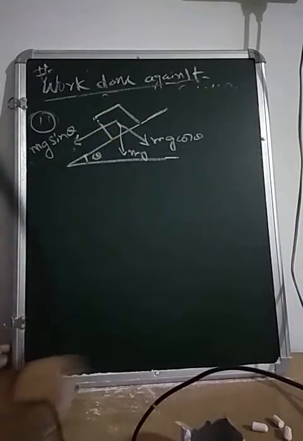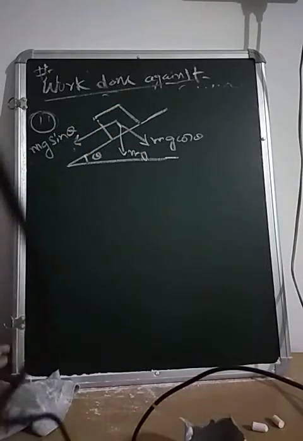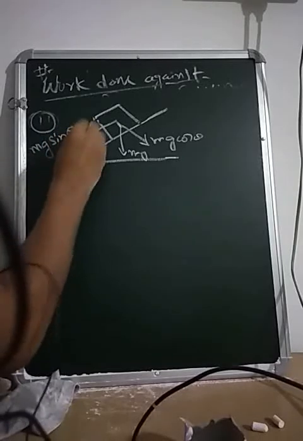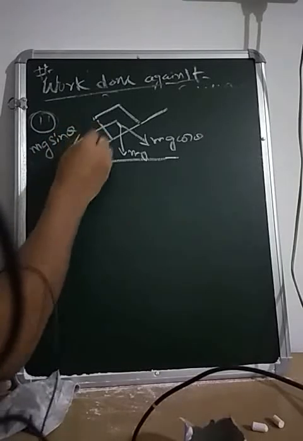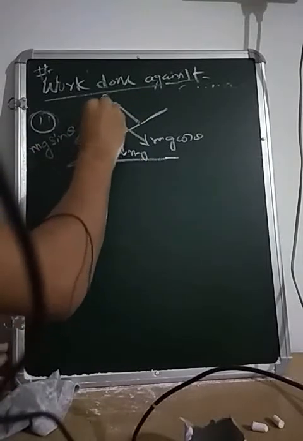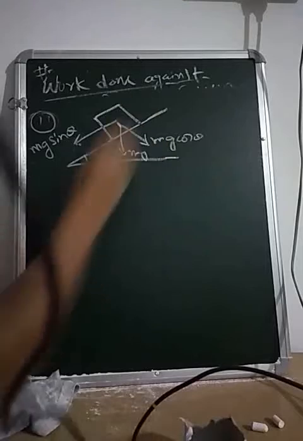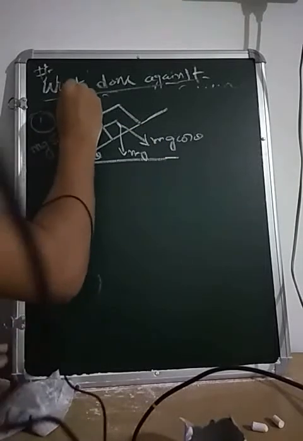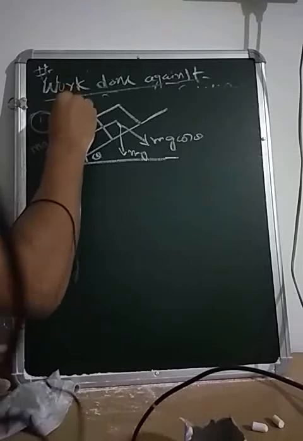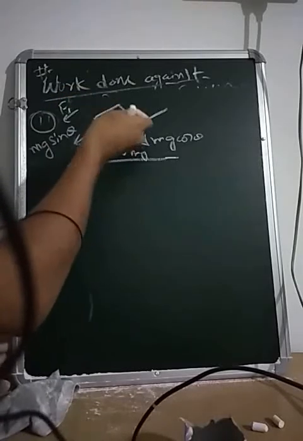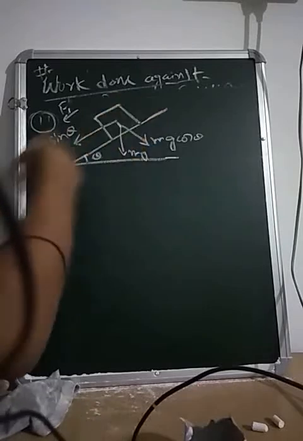Now, in this case, we are moving the body in the downward direction, sliding it downward. So this is F1. We are applying a force F1 to slide the body in the downward direction.